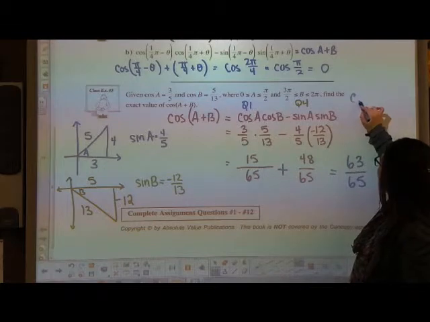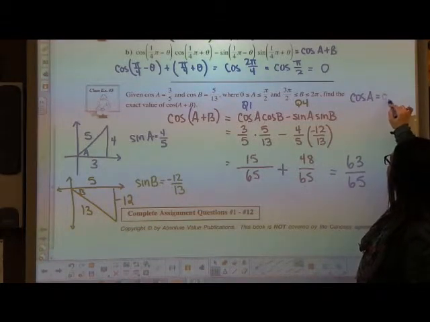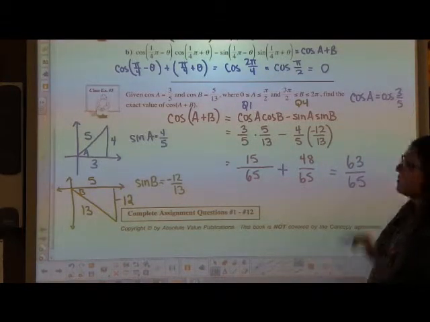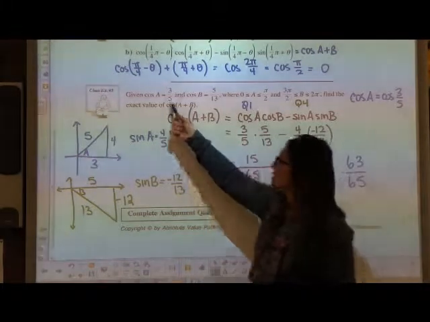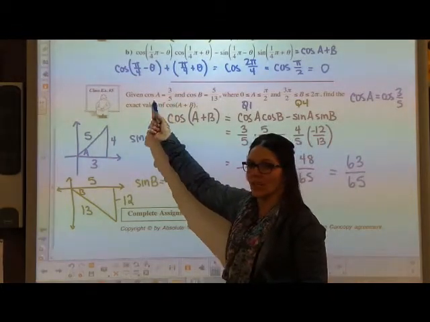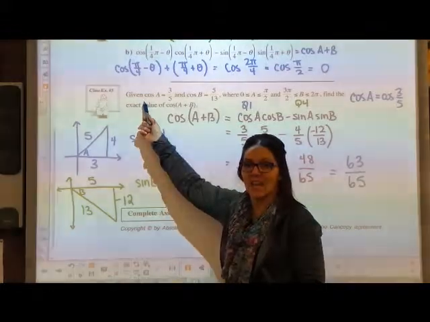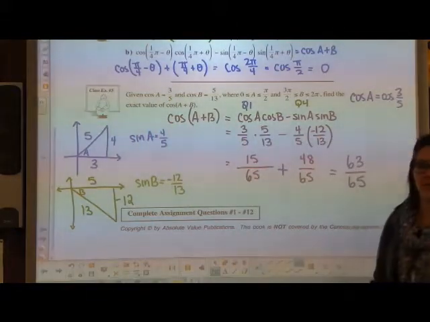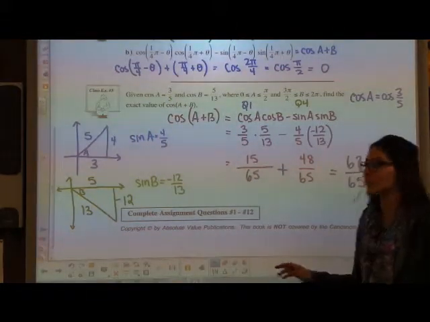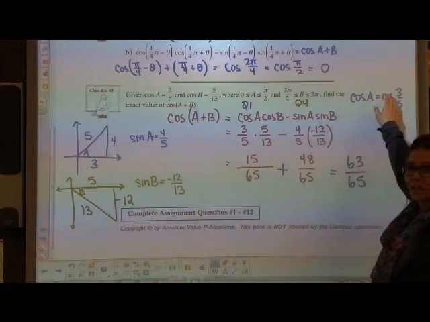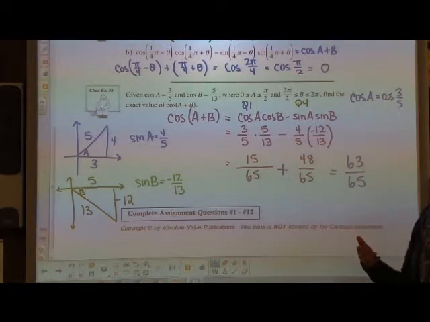It's not that cos A all of a sudden becomes cos 3/5. It's saying instead of writing cos A, I can now write 3/5. And that's the most common mistake that I see, is the 3/5 all of a sudden gets put in for A, and it should get put in for cos A.